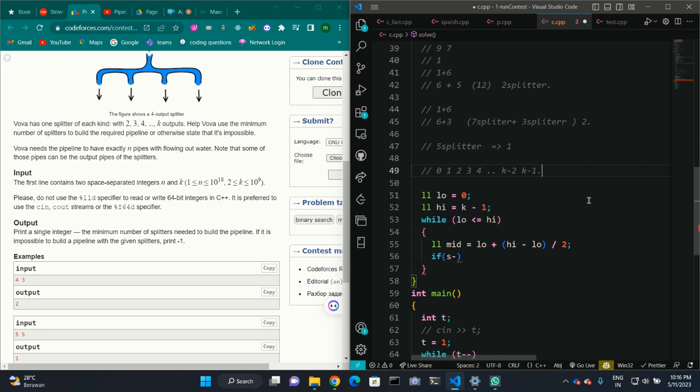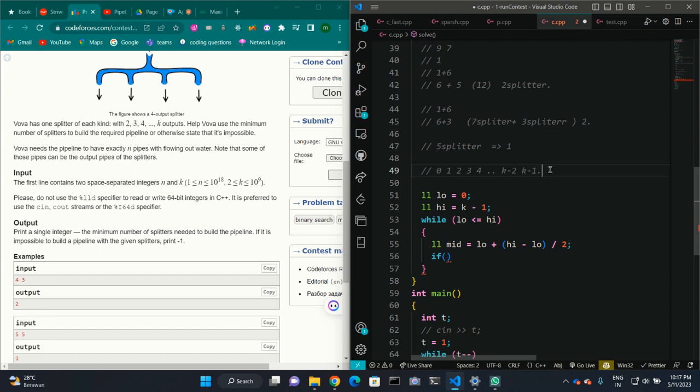If I use mid number of splitters, that means this is the answer then, right?